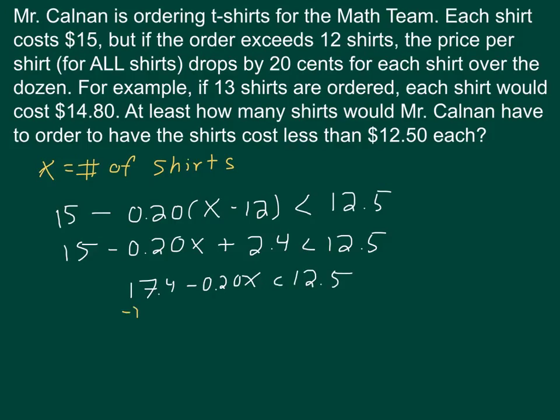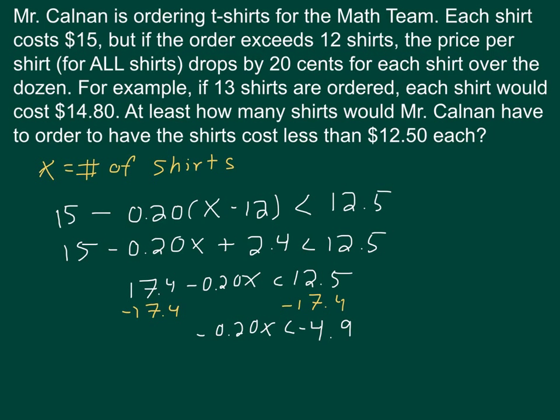Now I'll subtract 17.4 from each side. Negative 0.20x is going to be less than negative 4.9, excuse me.